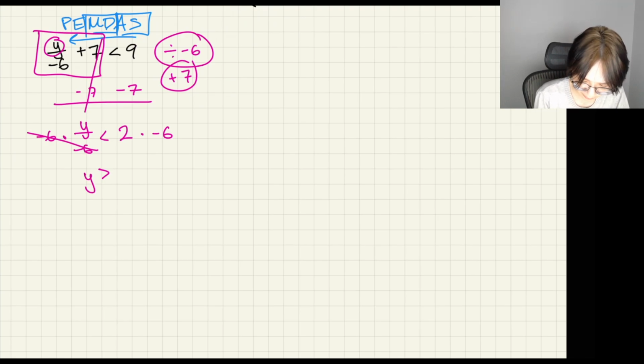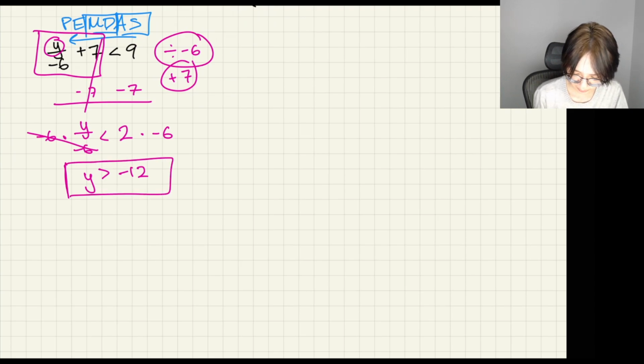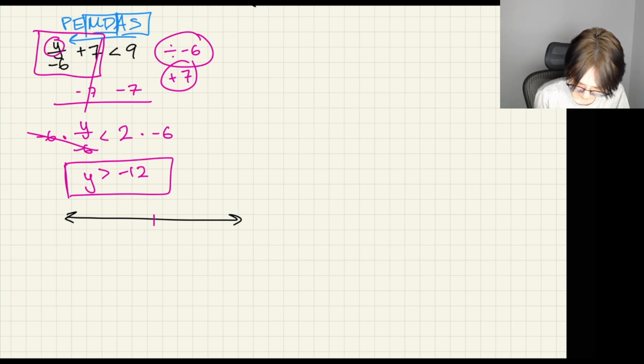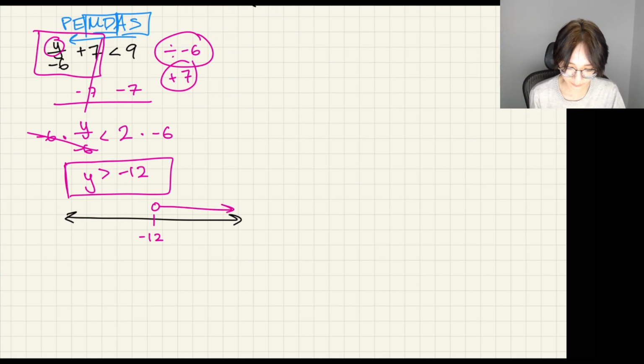We just have y on this side now. 2 times negative 6 is negative 12. So y is greater than negative 12. Let's graph it real quick. The graph starts at negative 12. It is an open circle because it can't be equal to negative 12, and it is everything greater than negative 12.